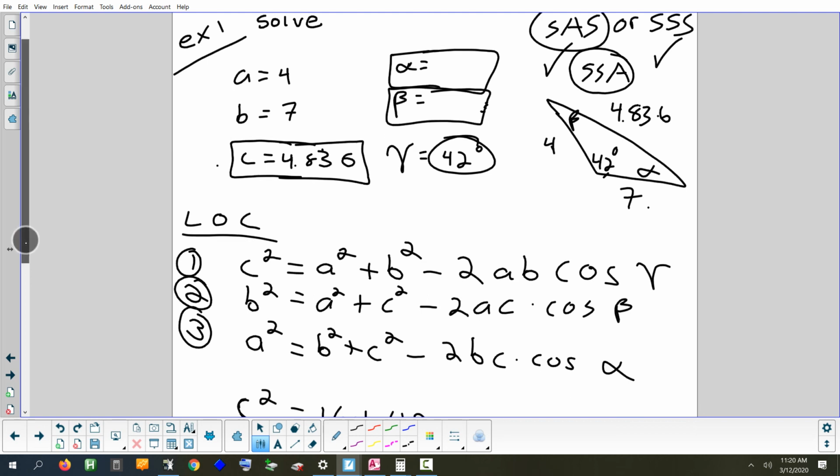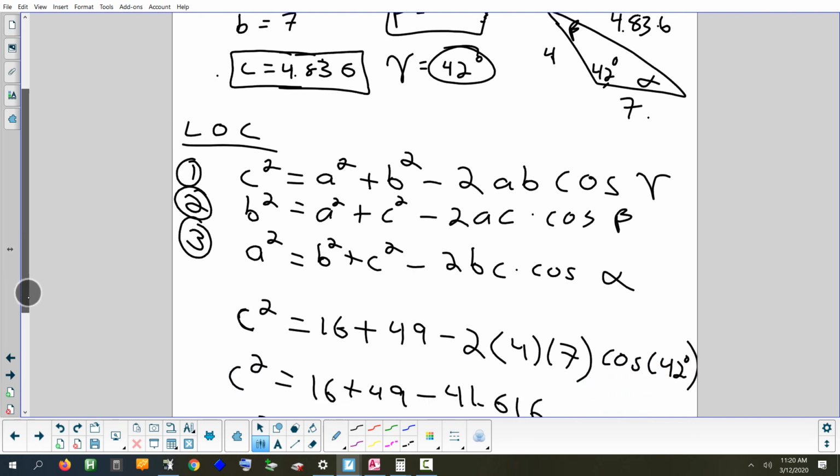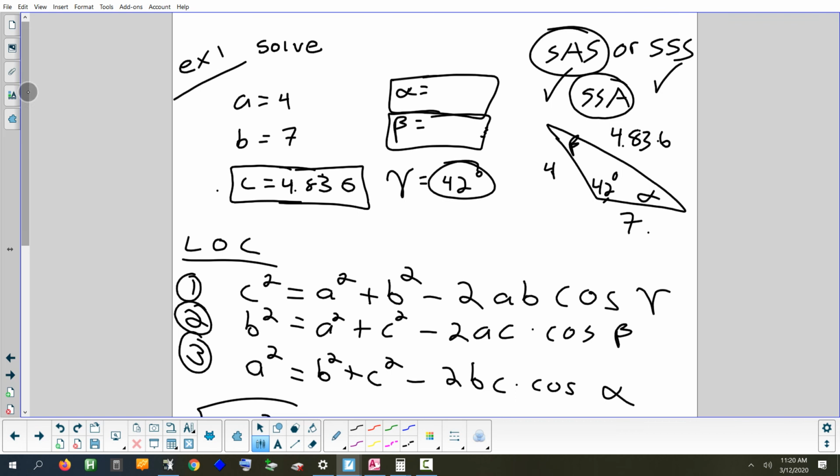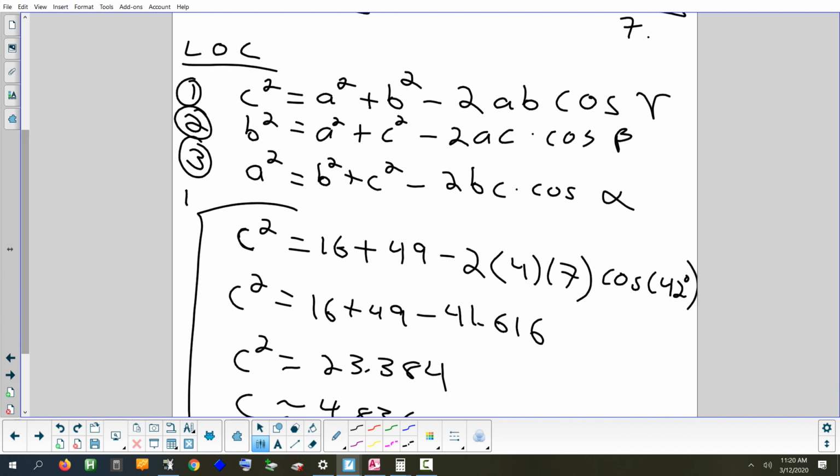So, when you're using law of cosines, there's really only two things that can happen. You guys just saw the first thing. That's solving for a side. Now we're going to use law of cosines, and we're going to solve for an angle. Once you have all the sides, you can find any angle you want, alpha or beta. So which angle do you want to try to find now? Beta? So this was to find c.